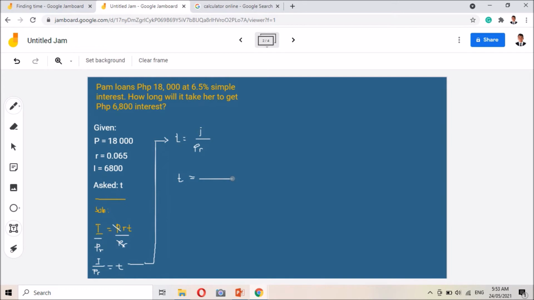We are given the interest of 6,800, and our principal is 18,000, times the rate, which is 0.065. There. Then our time simply equals 5.8 years.